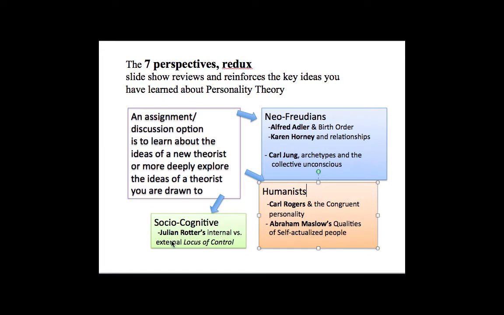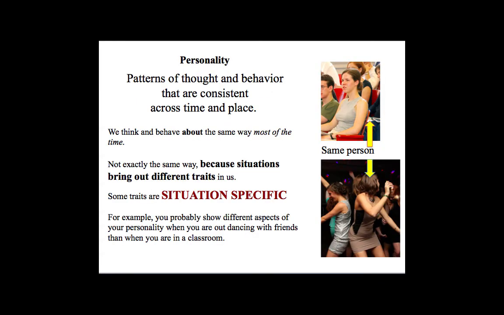Is it internal or external? This is extremely powerful, and it's also something that you have the powerful ability to change. It is a more subtle teasing apart of what's going on with the optimistic and pessimistic mindset, and really important teasing apart. So those are discussion options.